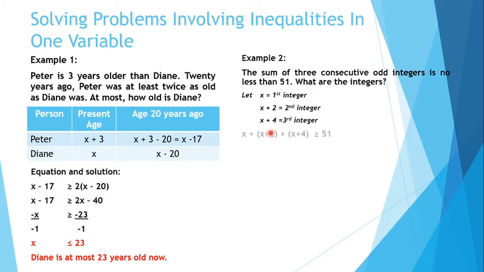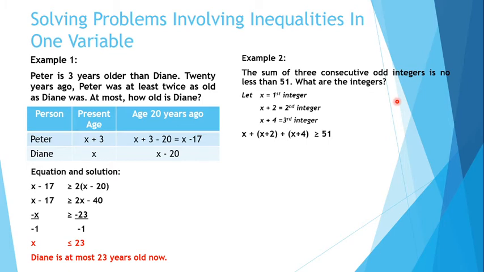Now, how are we going to make the formula? Since the sum of three consecutive odd integers is no less than 51, we have to add all the expressions for the three consecutive odd integers. So x serves as our first integer, x plus 2 as the second integer, and x plus 4 as the third integer. Since we have to get the sum, we have to add everything.